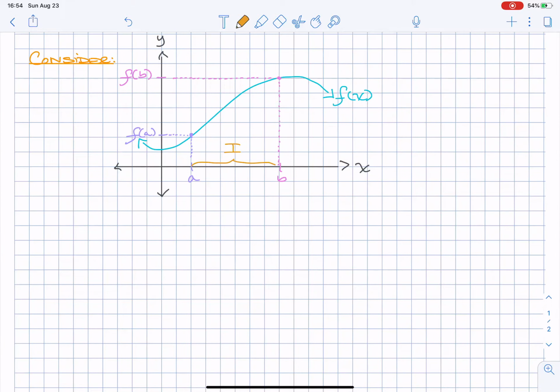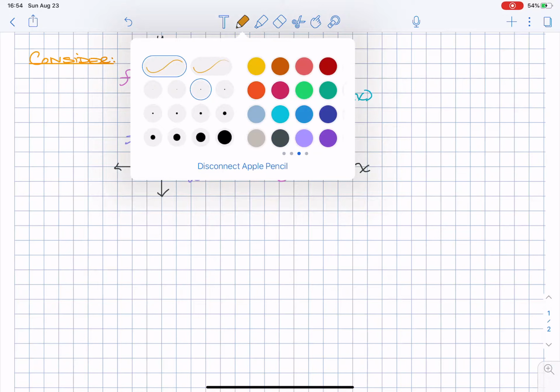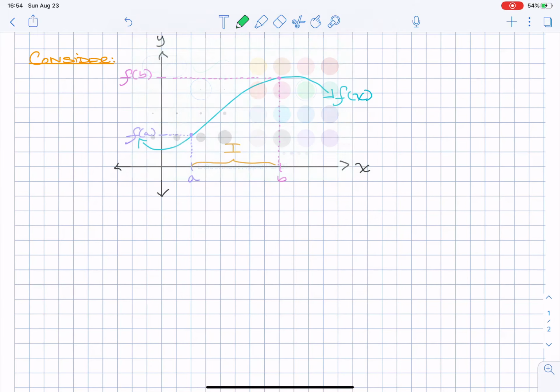So the average rate of change actually has to do with, let's use green, the line that goes through these 2 points. So we've got a line going through here.